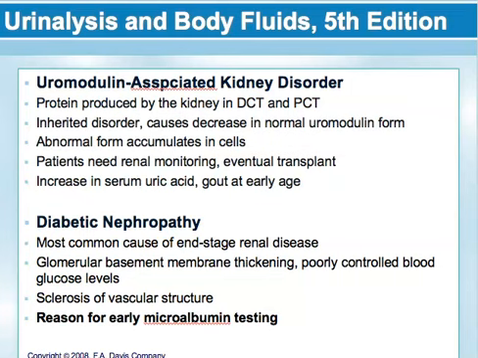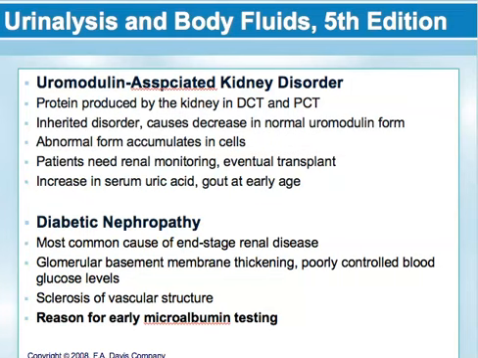This is an inherited disorder caused by an autosomal mutation in the gene that produces uromodulin, so that the normal form of Tamm-Horsfall is replaced by the abnormal form, and it accumulates in the cells, causing destruction. Renal monitoring is necessary, and eventually transplant would be necessary. Other significant findings in these patients is an increased production of uric acid in the serum, which can cause early onset of gout.